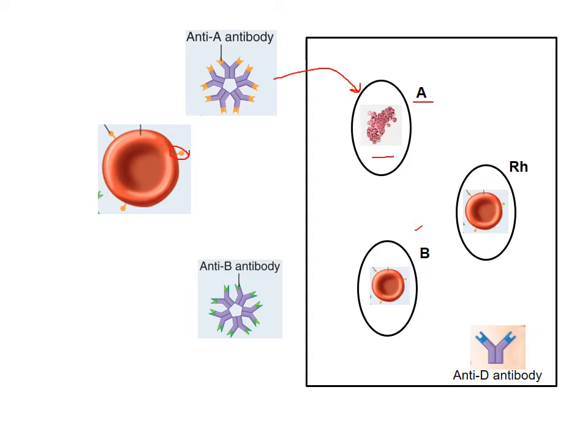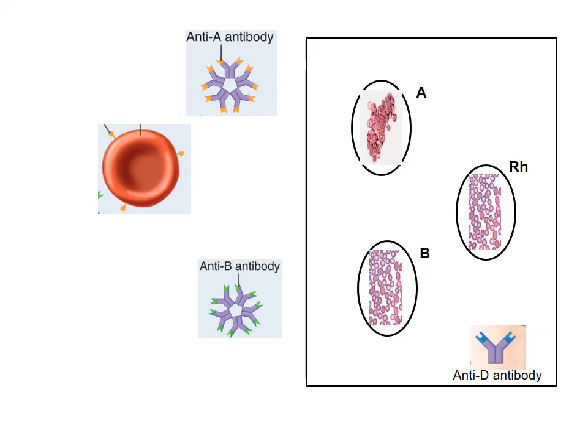The other ones are supposed to represent that it didn't. So if you see the reaction, that means the antibody found the antigen, so the antigen is present. If it doesn't react, then the antigen is not present.